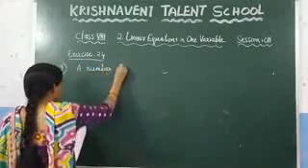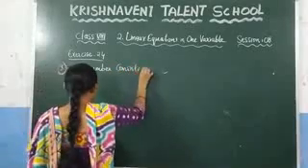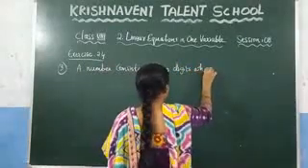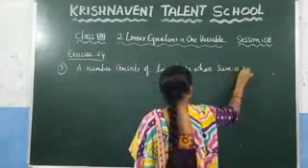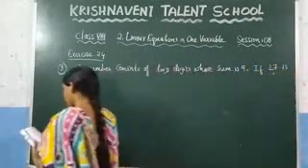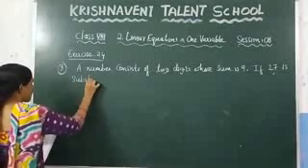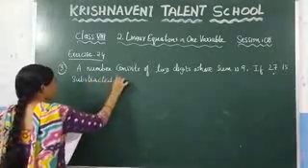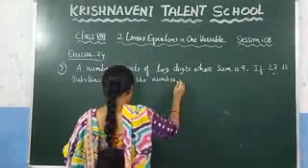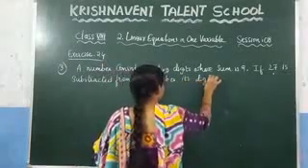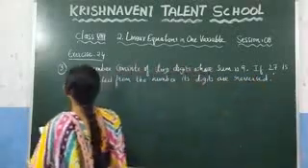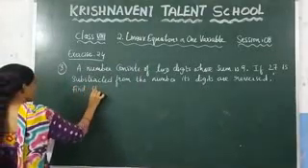A number consists of 2 digits and whose sum is 9, and after that, what they have given is 27 is subtracted from the number, its digits are reversed. Find it based on the condition.